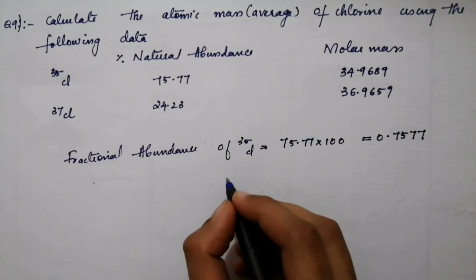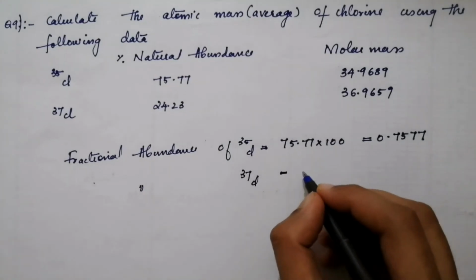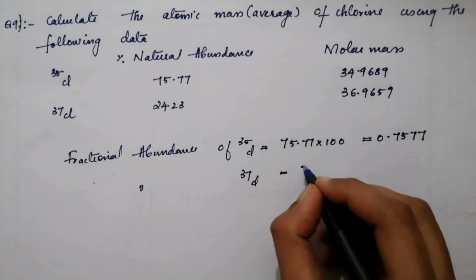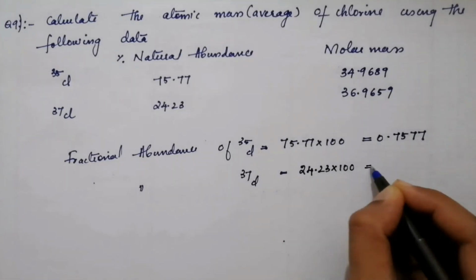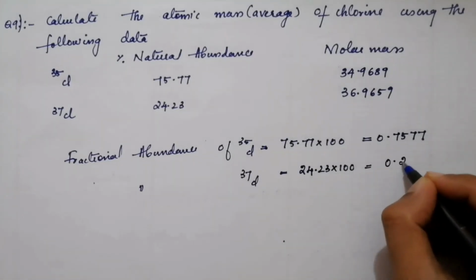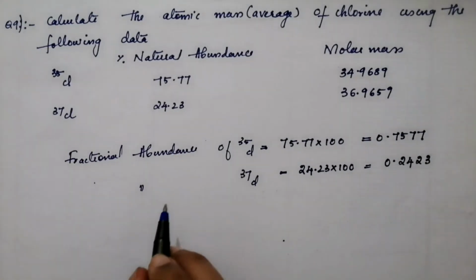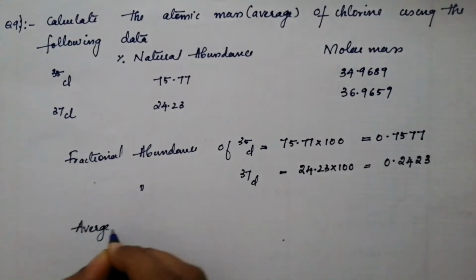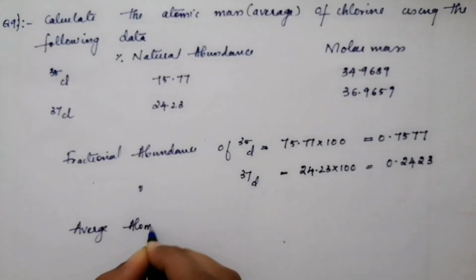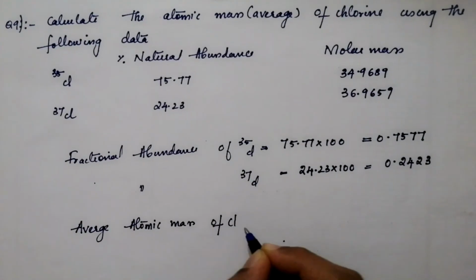Similarly, the fractional abundance of chlorine-37, we again divide this natural abundance of chlorine-37 by 100 to get the fractional abundance, and that is 0.2423.